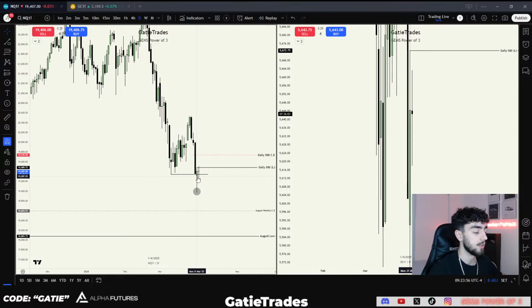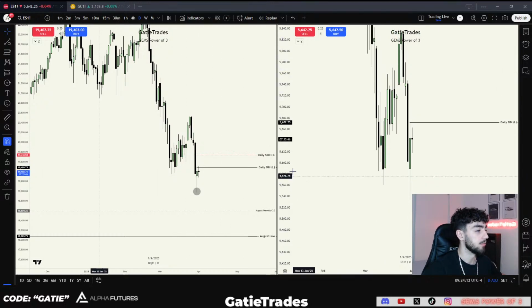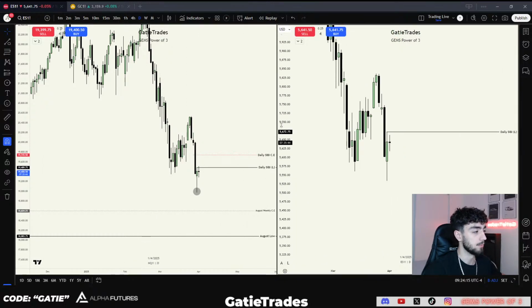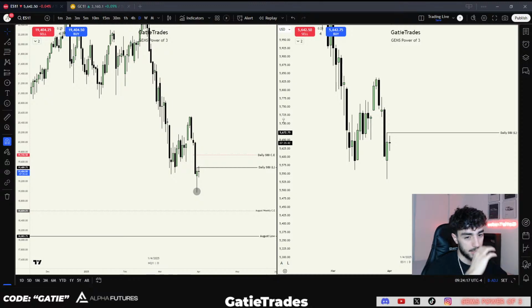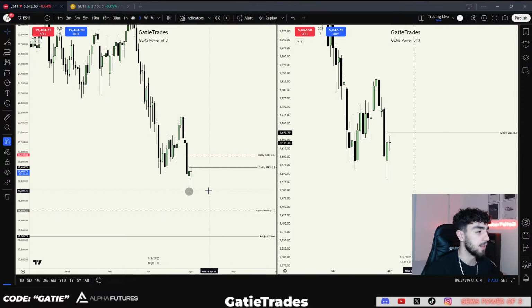We still closed below. So the order flow on the daily chart is still bearish. We didn't even respect the one array that we took. If we had a really large wick and we closed more bullish, then we could be bullish on the daily. But right now, order flow is still bearish on the daily. No reason to be bullish on the daily chart. So higher time frame order flow is still bearish. Okay. Obviously, we had this daily bearish fair value gap.